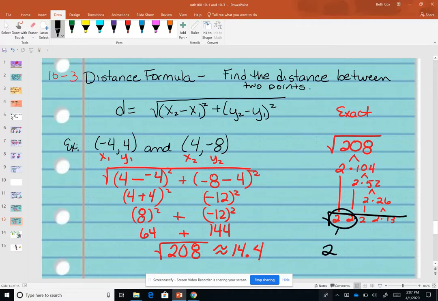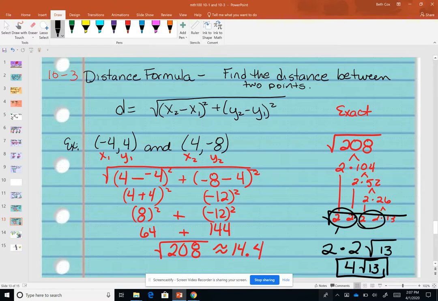So there's one pair. There's another pair, and then the 13's left inside. So my official exact answer is 4 times the square root of 13. So my approximate answer is 14.4, and my exact answer is 4 square roots of 13.